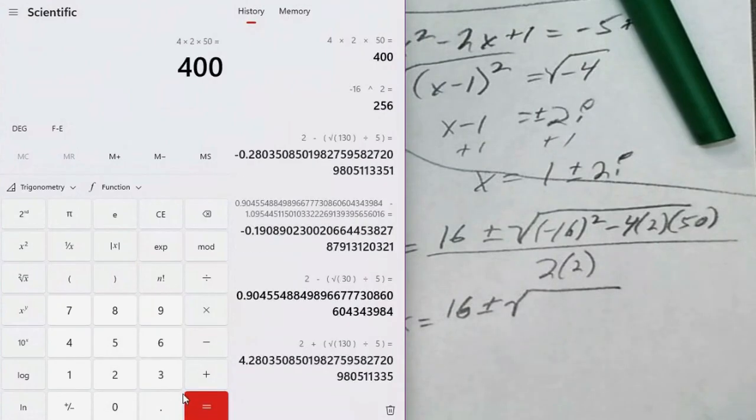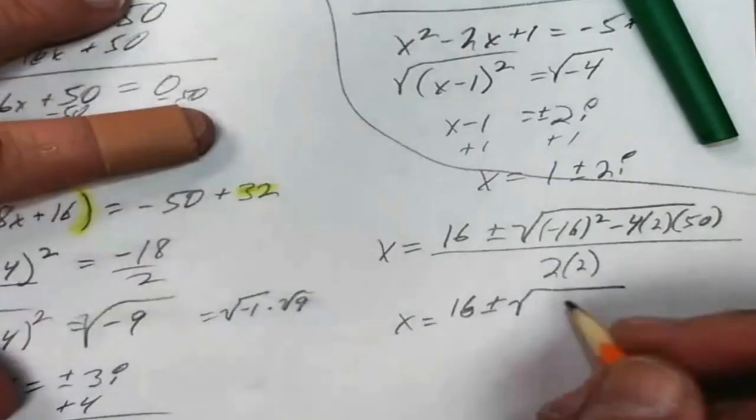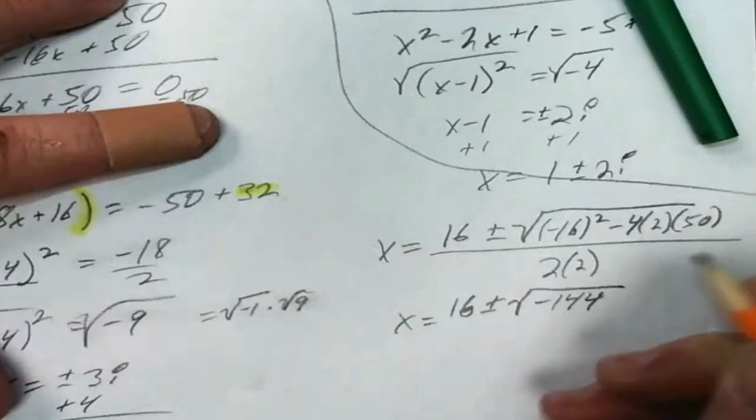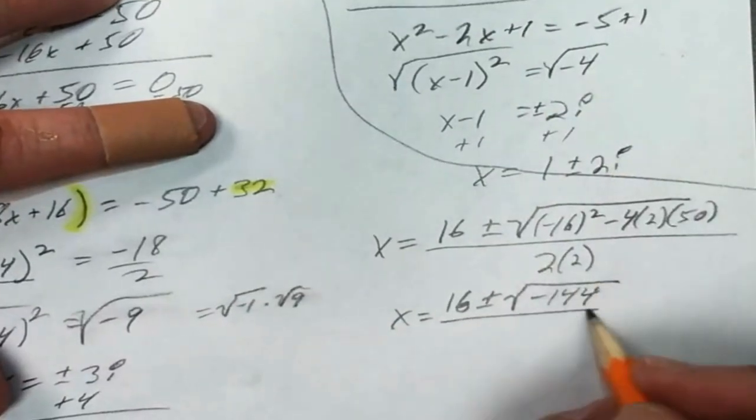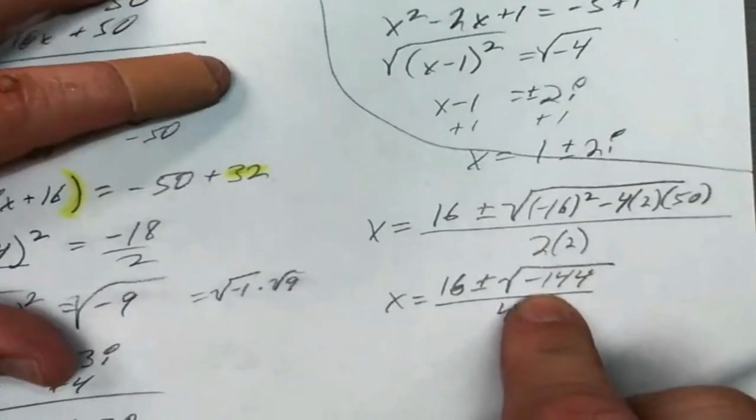So we've got 256 minus 400. Negative 144. So this is the square root of negative 144, all over 4. Well, that's nice. This should just be 12i, right?